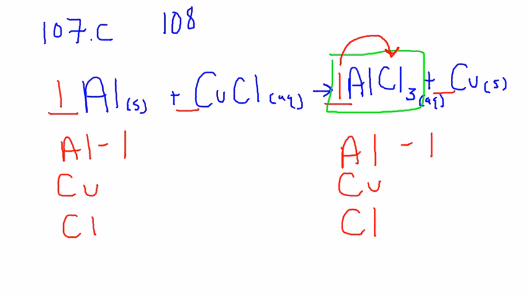I only have 1 of them, so that means I only have 3 chlorides. Okay, so I distributed that 1. Now this 1 also distributes to the aluminum, which I already kind of counted for. Alright, so I have 3 chlorines. That means I need to have 3 chlorines on my reactant side.